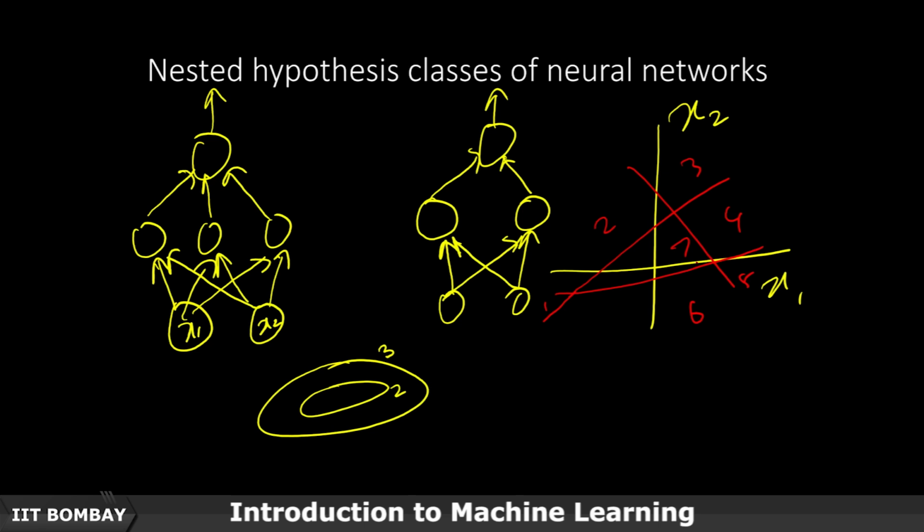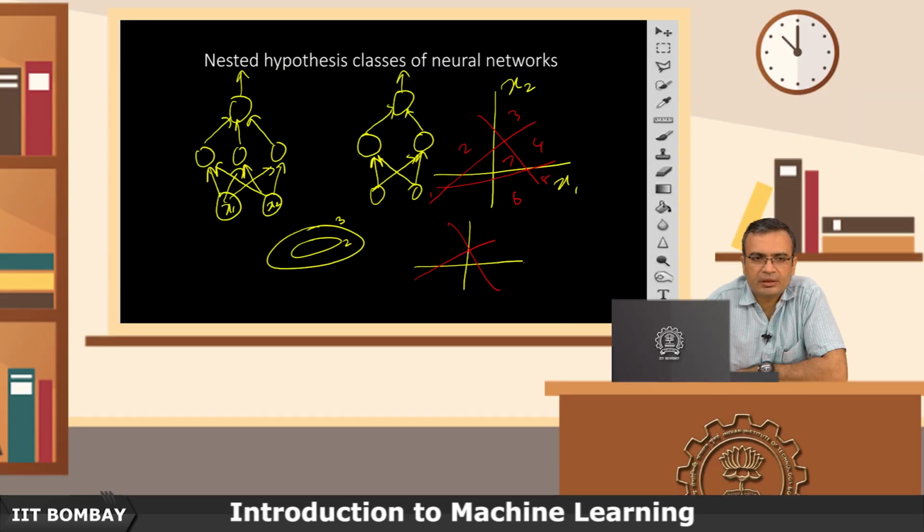So based on that you can get different kinds of hypotheses, whereas when you have only 2 neurons, your hypothesis space would be the set of functions that can be formed using 2 hyperplanes. Okay, so one like this, another like this, something like that, and obviously the one with 3 hidden neurons is going to be a superset of the hypothesis space compared to the one that has only 2 neurons.